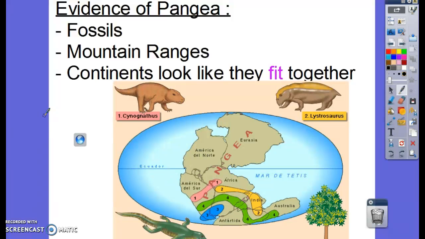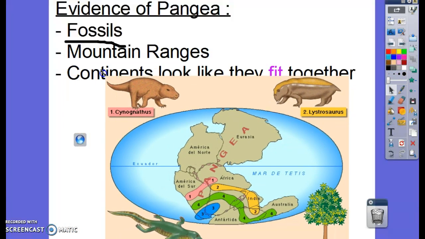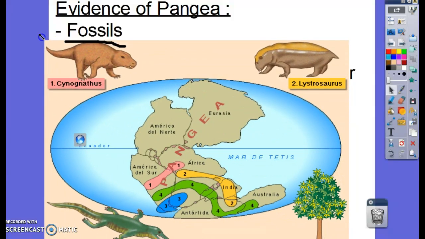The first piece of evidence is the fact that we have fossils. And these fossils are found on different continents, okay? So I'm going to blow up this picture. I'll move it back in a second. But if you look, all right, this is the Cynognathus, okay? He lived in South America and Africa here.